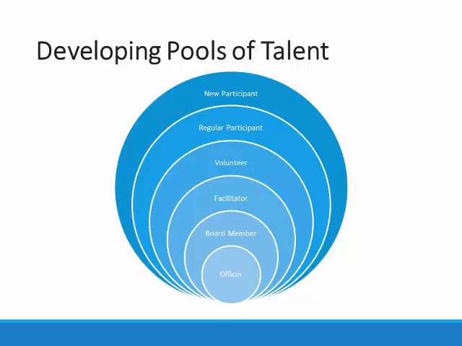If any of these pools are less than robust, then recruiting new leaders will be very difficult. So as you think about your own chapter, think about which of these pools you are strong in and which of these pools you are weak in. And maybe focus on one pool at a time rather than trying to do everything all at once. Or perhaps assign different people to work on different pools or to brainstorm different committees or groups.